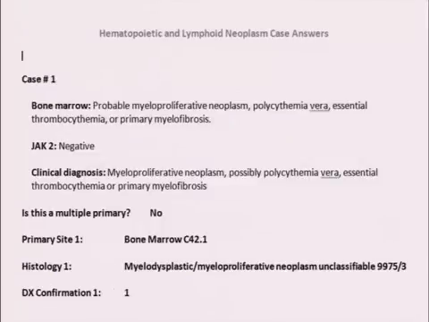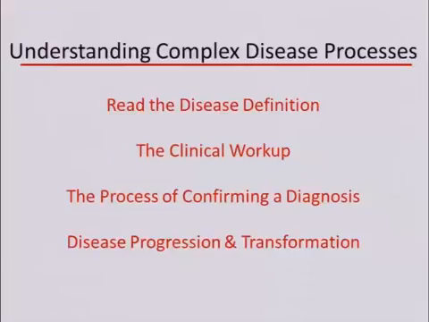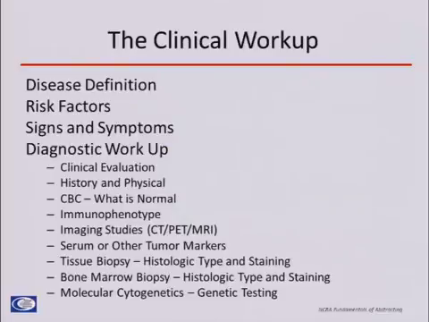And there's the answer, and you have the answers in your notes also. So we're going to talk about understanding complex disease processes, the disease definitions, the clinical workup, which is really important for understanding this, and then confirming the diagnosis, which we've already kind of led into a little bit. And then we'll talk about progression and or transformation.